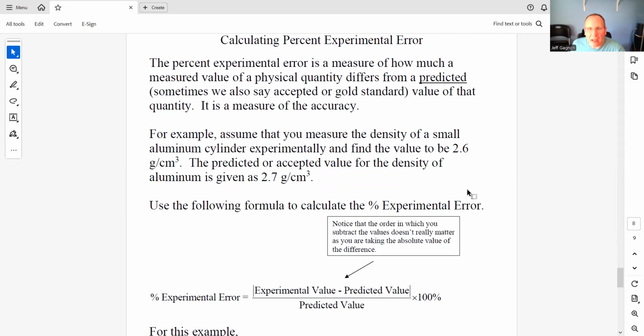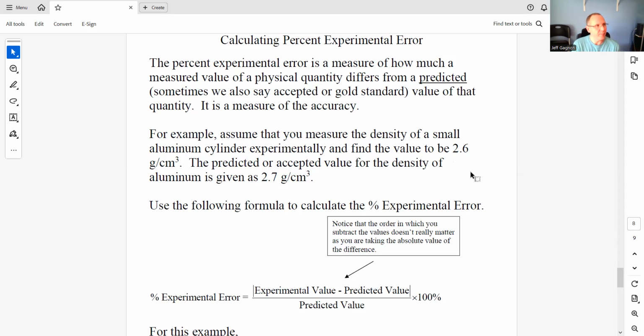So let's say we carry out the experiment, which you guys will be doing the first week of class, or maybe the second week, depending on what lab you're in, where you're measuring the density of a small aluminum cylinder. And let's say you go through the experiment and you find the value to be 2.6 grams per centimeters cubed, right? So that's your experimental value, 2.6 grams per centimeters cubed.